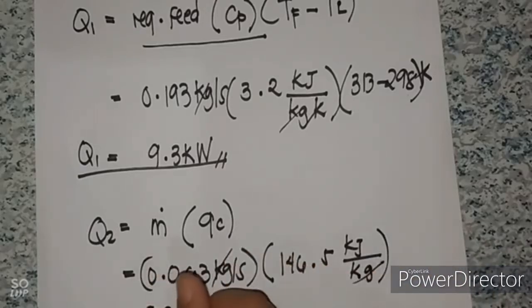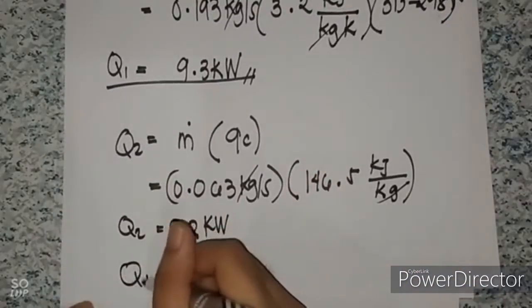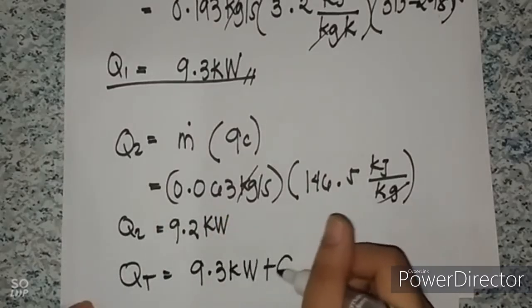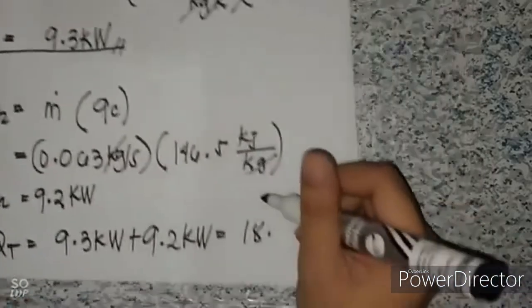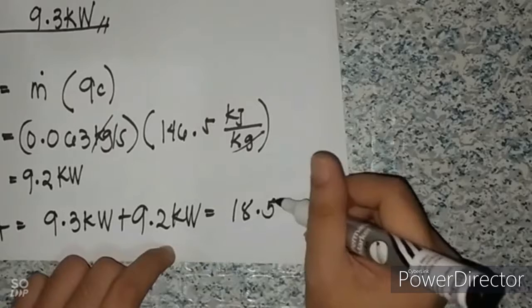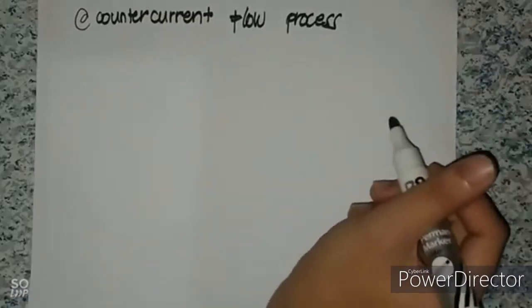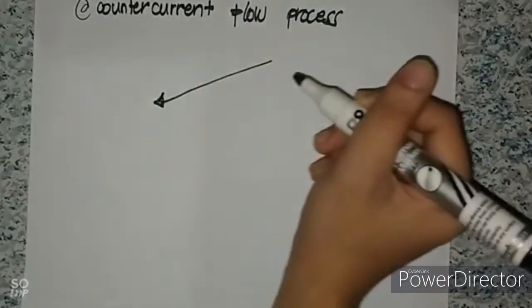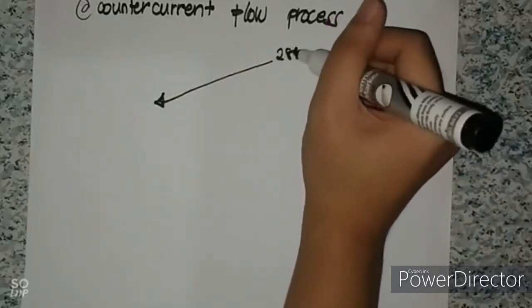We cancel the kilogram and are left with kilojoules per second or kilowatts. The value of our Q2 is 9.2 kilowatts. For the total heat, that would be Q1 plus Q2, which is equal to 18.5 kilowatts.